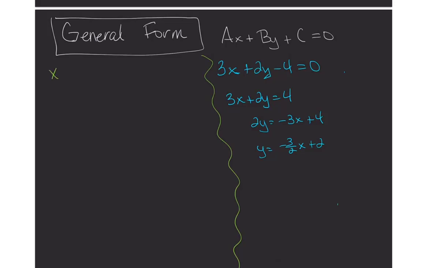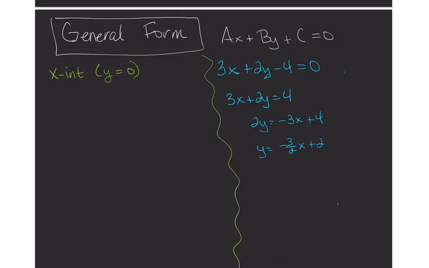The x-intercept is where I cross the x-axis. And I know that if I'm crossing the x-axis, my y value is always going to equal 0, right? So I can put 0 in for y into my equation, and then I can solve it for my x.